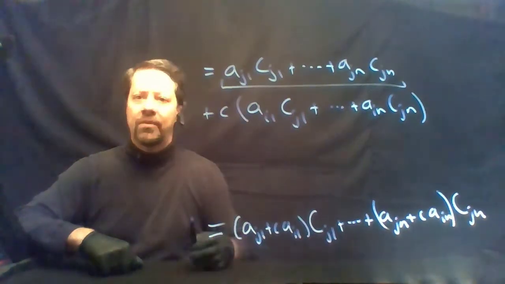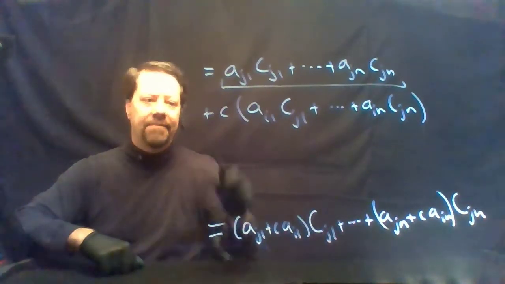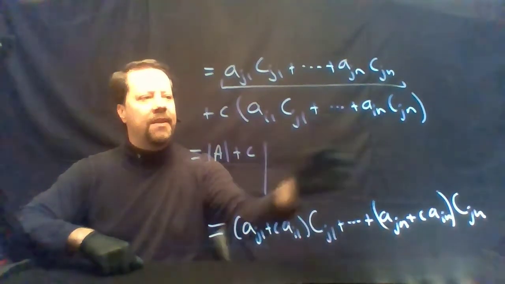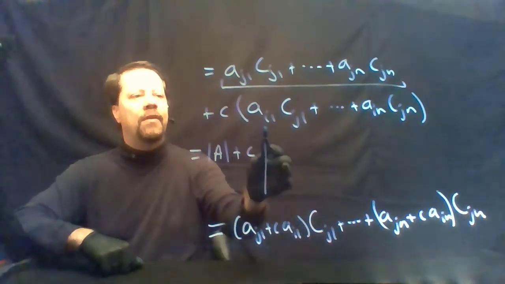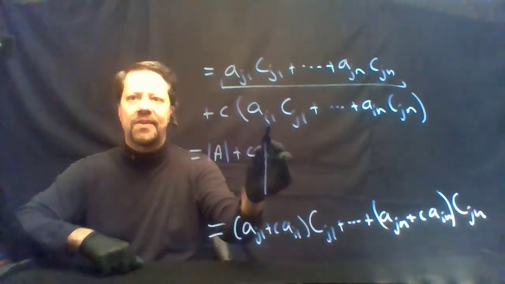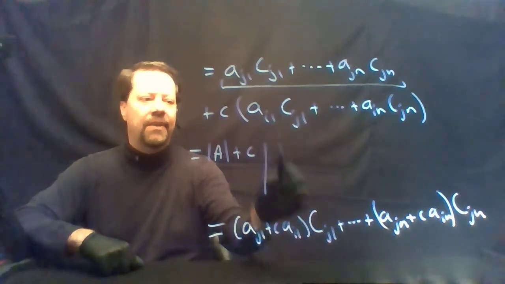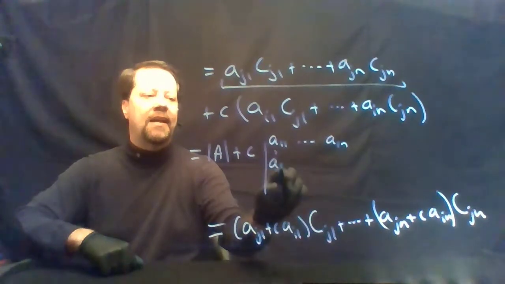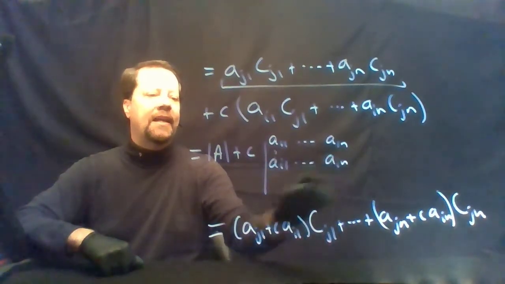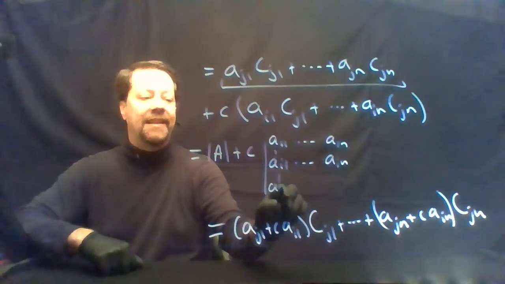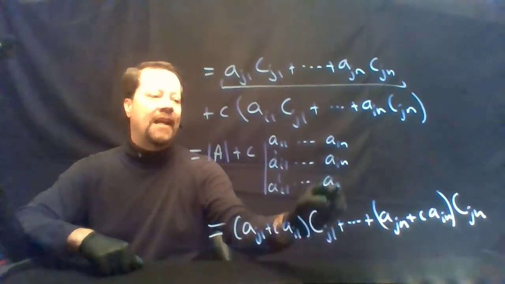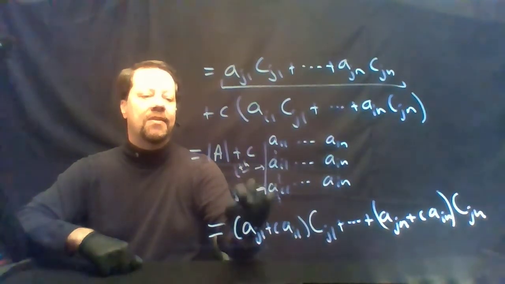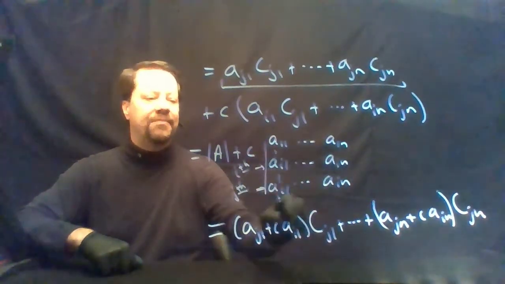This first grouping is the determinant of A, plus c times the determinant of a matrix where the coefficients in the jth row are the same as the entries in the ith row. So you'll have a_i1 through a_in, and then on the jth row you have again a_i1 through a_in. So this is on the ith row, and this is on the jth row, a repeat.